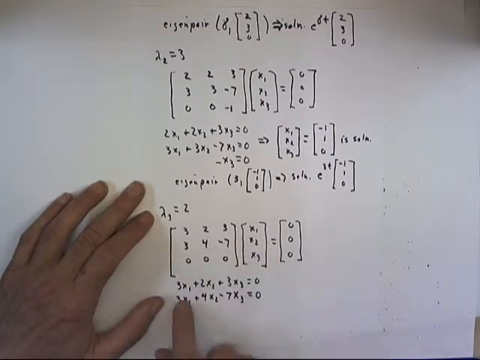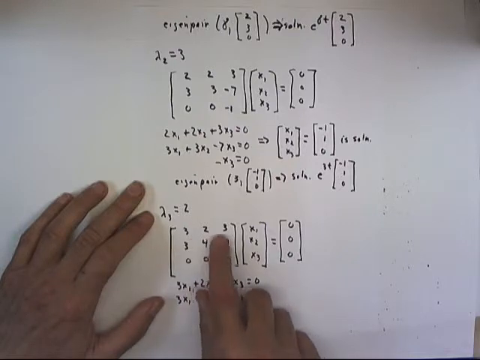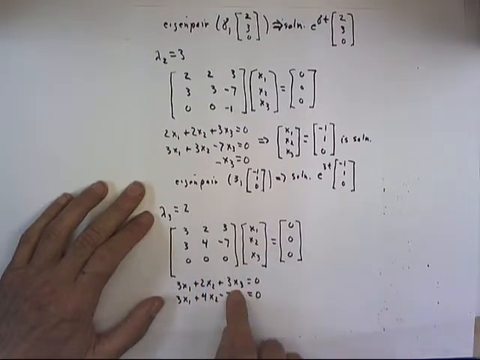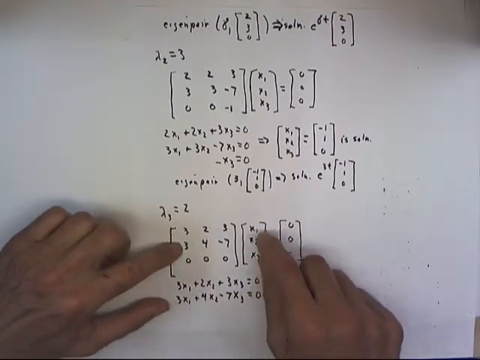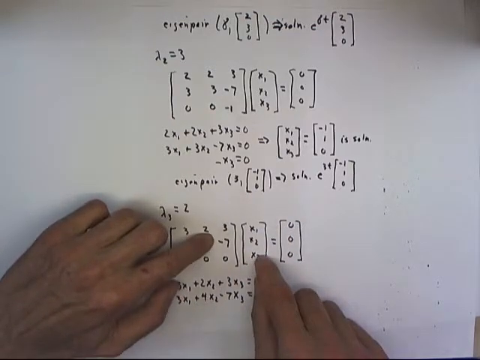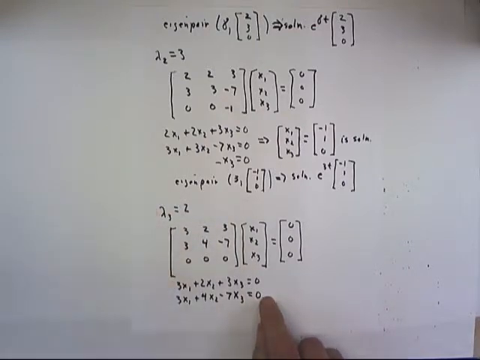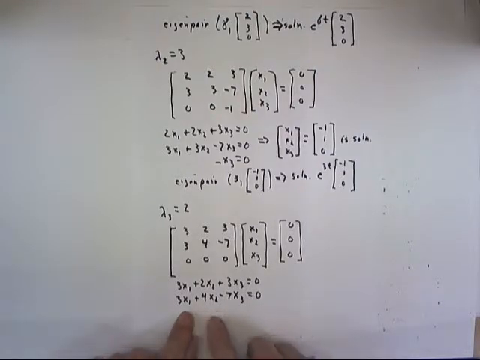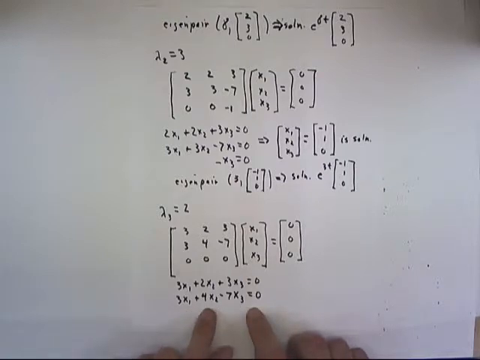This leaves us with only two equations, 3x1 plus 2x2 plus 3x3 equals 0, and 3x1 plus 4x2 minus 7x3 equals 0. Where does this leave us? Well, it leaves us with two equations and three unknowns. Meaning, among other things, we could choose an arbitrary value for one of these x1, x2, x3 and solve for the other two.